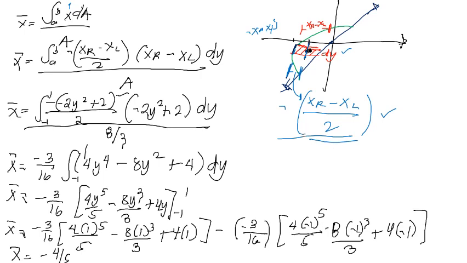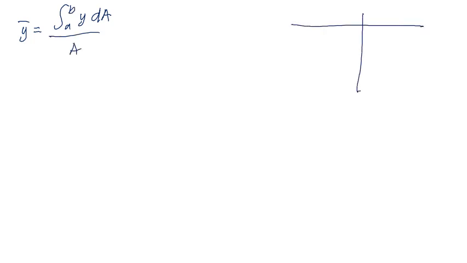Now we are going to solve for the value of y bar. It's okay that it's around here. Now let's solve for the y bar. Y bar is equal to the integration of y times dA from a to b all over A. So if we will have our curve again, I will draw it again kasi I don't have any access to the previous one.